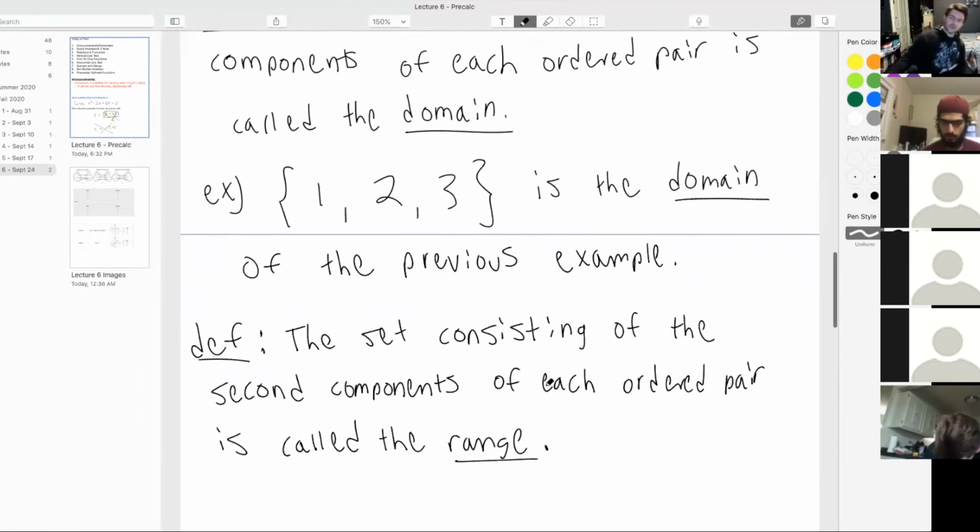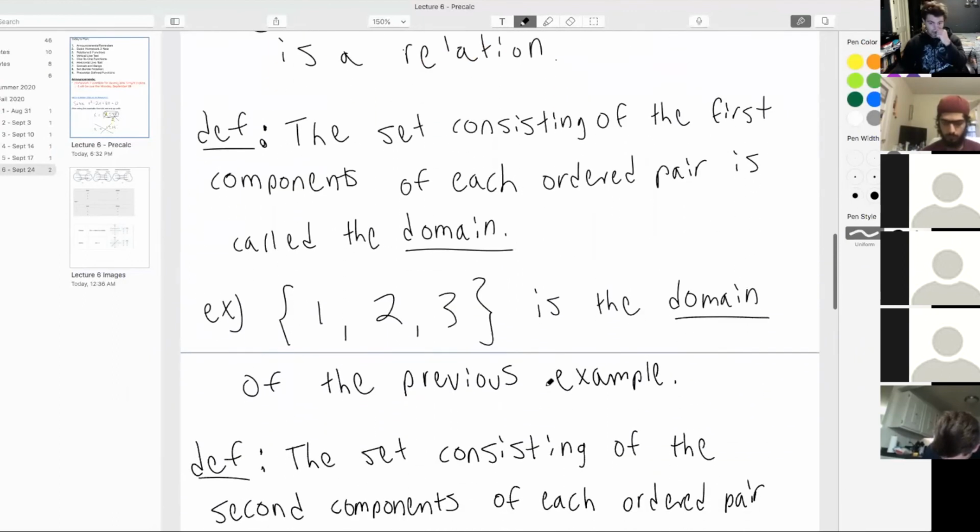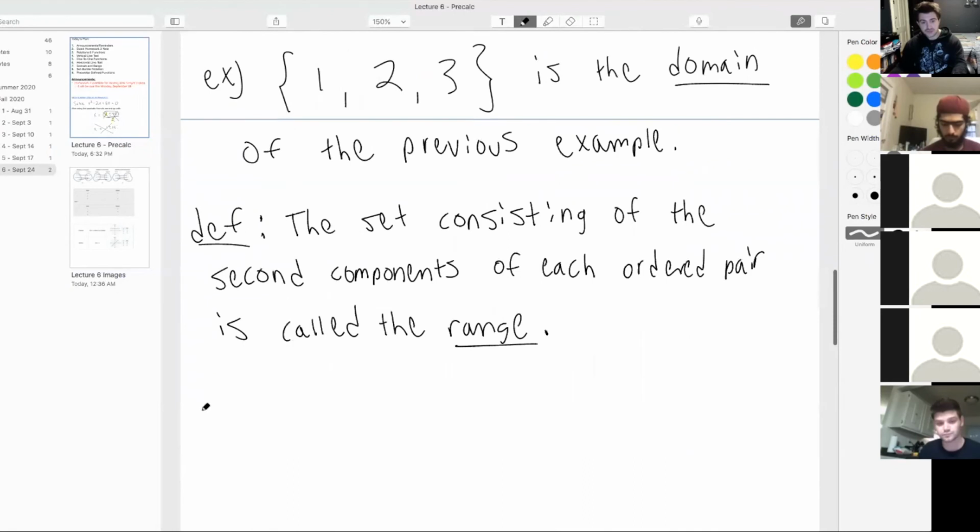Let's talk about what the range would be of the previous example.